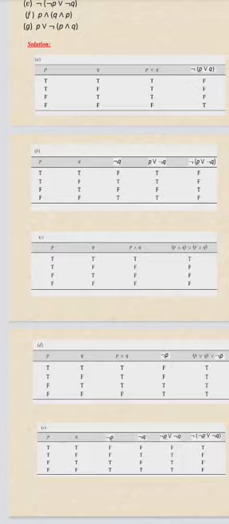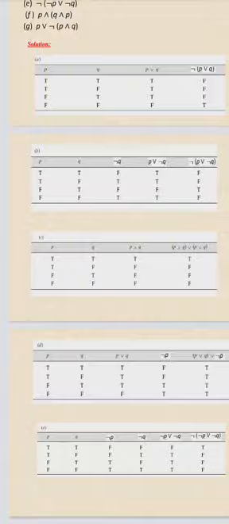And then in the next column write the values of P or negation Q. P is true, negation Q is false, so the truth value is true. Then true or true, the value is true. False or false, the value is false.